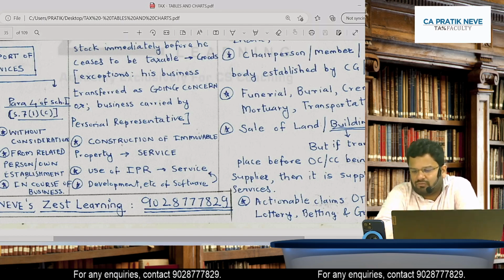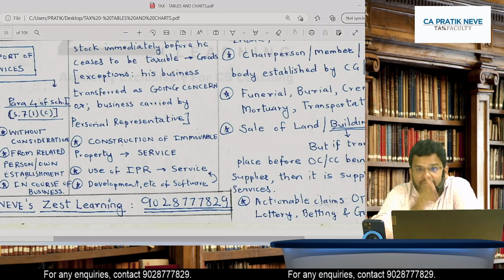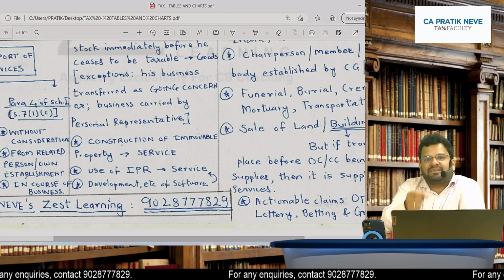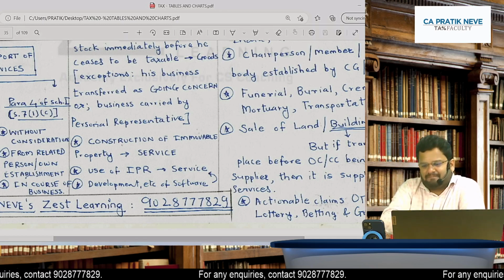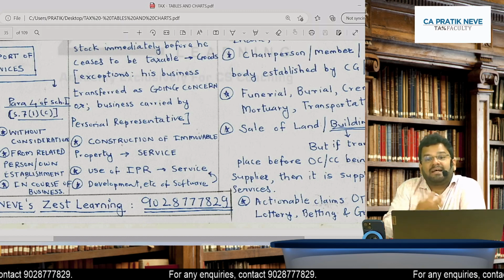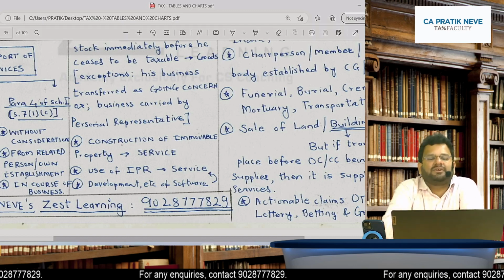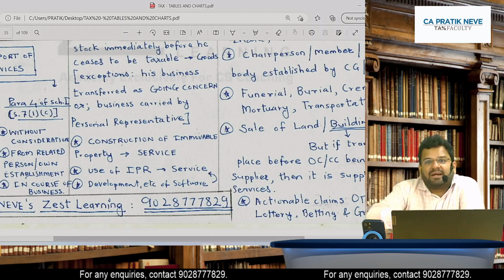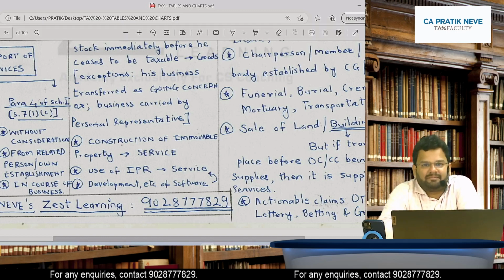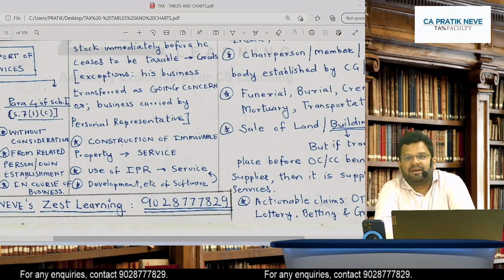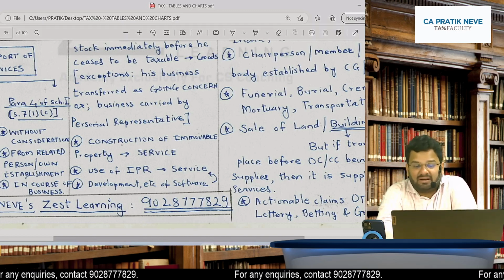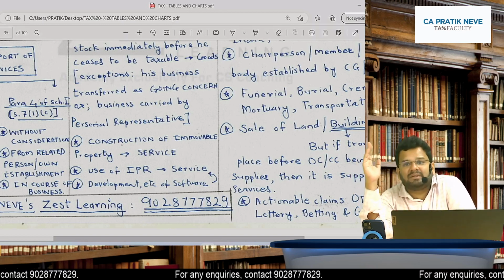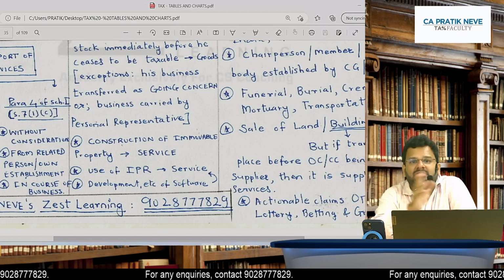It is supply of service, but once the completion certificate is granted, means as a builder, I got the completion certificate, and after getting it, I have sold a flat. What is it? It is neither supply of goods, very good, nor supply of services.